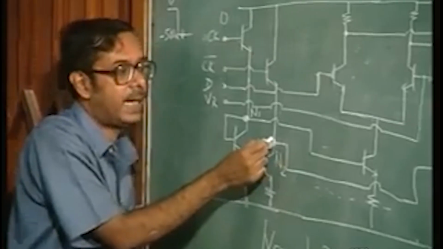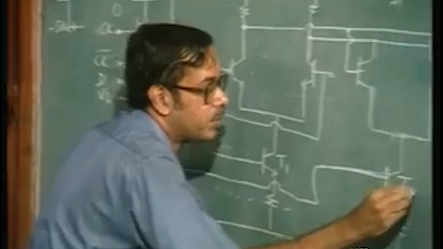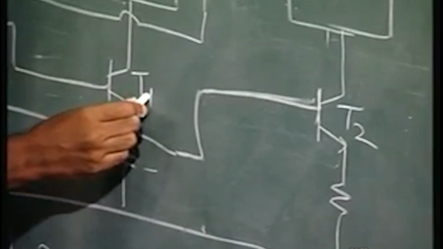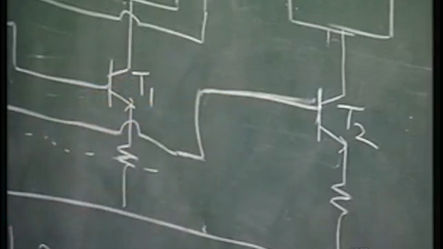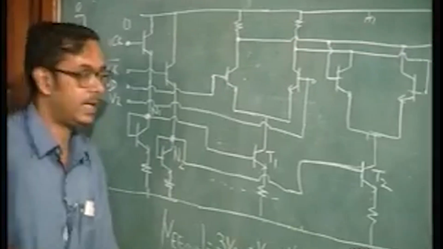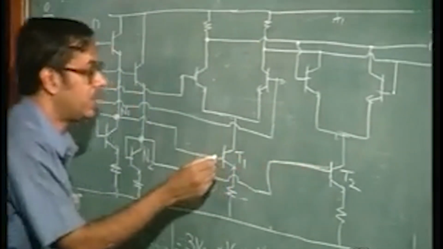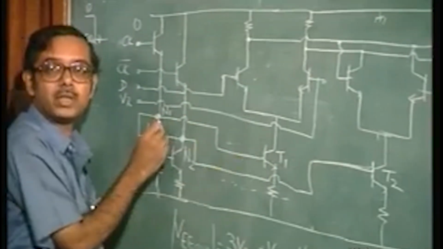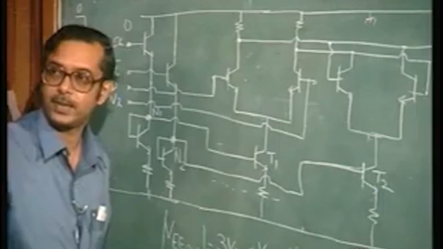So between these two transistors, say transistors T1 and T2, T1 would have a much larger current compared to T2, because the base voltage of T1, which is the same as the node voltage N1, is much higher than the base voltage of T2.